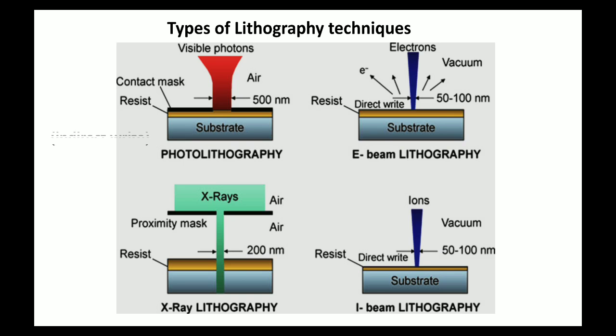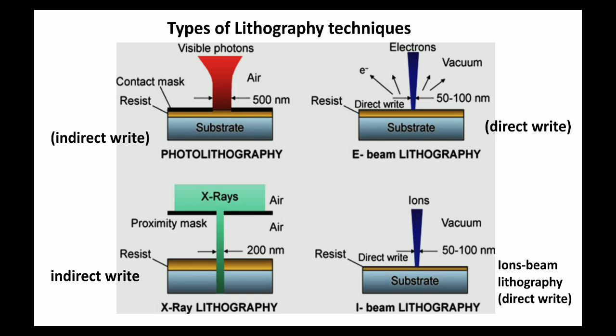Photolithography is indirect writing because we are using a mask. Similarly, X-ray lithography is indirect writing because we are using a mask. And E-beam lithography and I-beam lithography are direct writing methods.